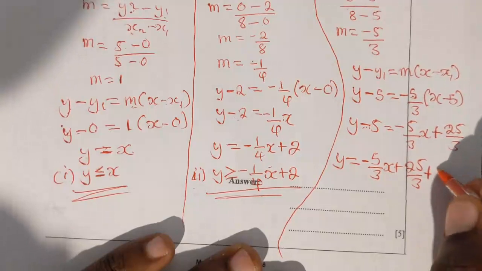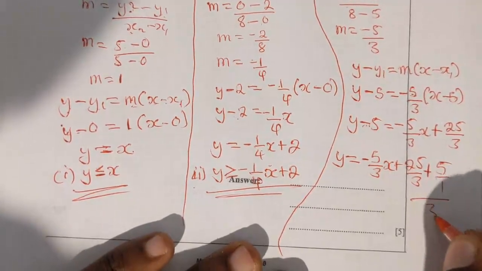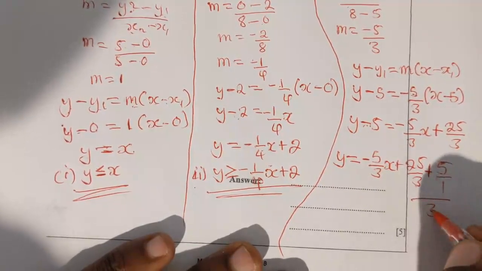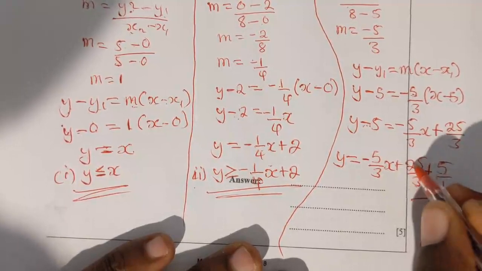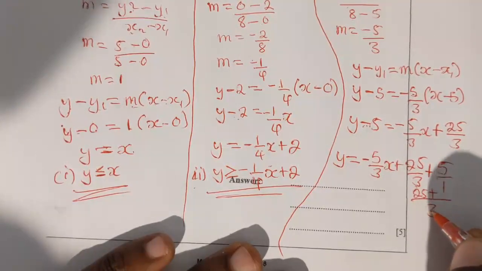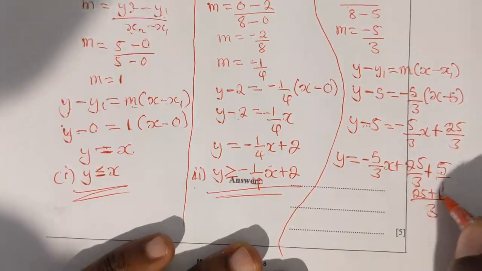It is going to be positive 5. So from here you find the common denominator, which is 3. These are like terms, you add them. So 3 into 3, that's 1. 1 times 25, that's 25. Plus 5, or 1 into 3, that is 3. 3 times this, that is 15.